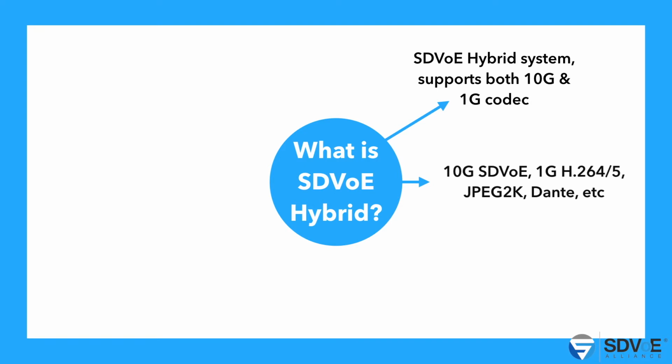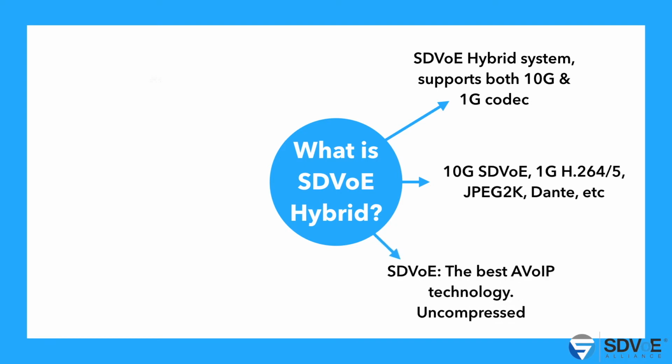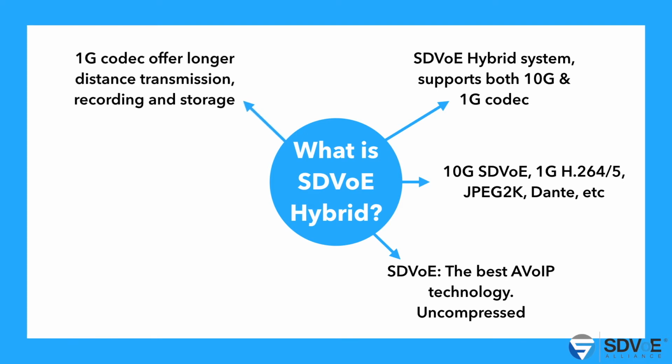The advantage of SDVoE, as I mentioned earlier, is that this is the best AV over IP technology you can get at uncompressed signal. The advantage of 1G is that, since it utilizes a higher compression rate, the data rate is much lower than 10G solutions, so it is very useful for recording and storage.